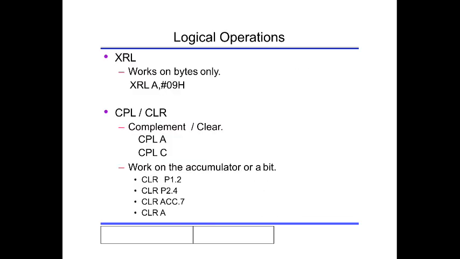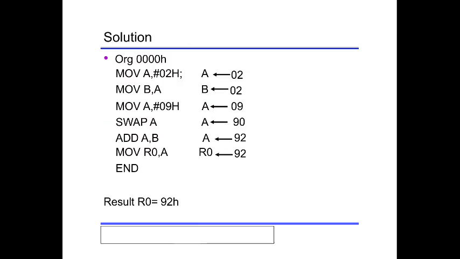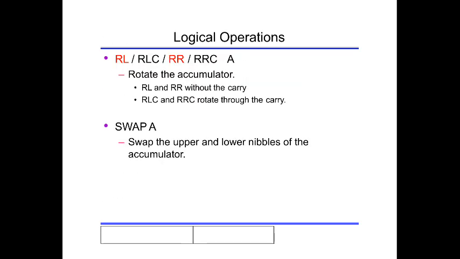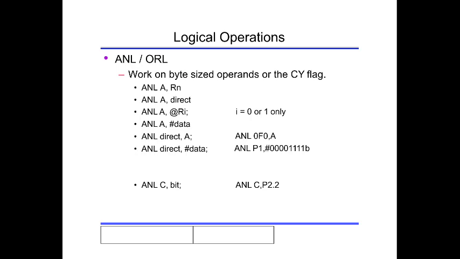You have logical operations here, a few logical operations. Under these logical operations we have ANL and ORL. ANL means the AND operation.